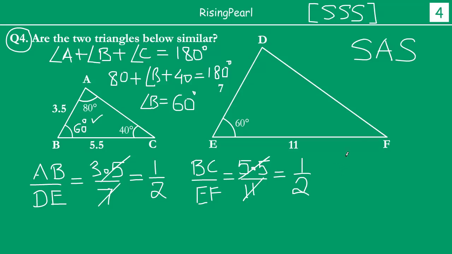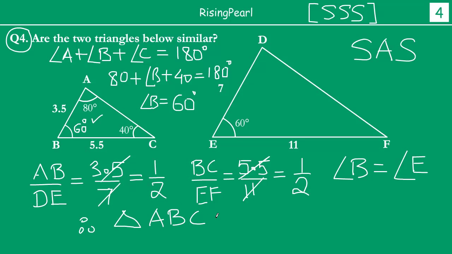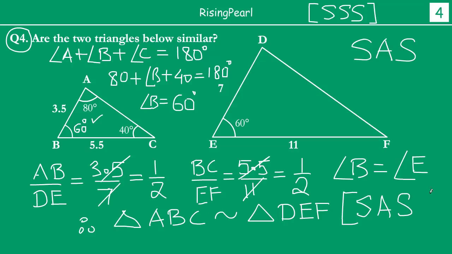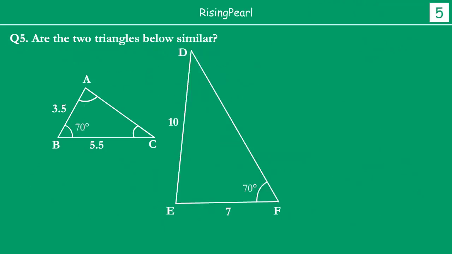That is, angle B is equal to angle E. So then friends, we say therefore these two triangles, triangle ABC is similar to triangle DEF, as per the SAS similarity rule. Let's take a look at maybe one last question before we wrap up.